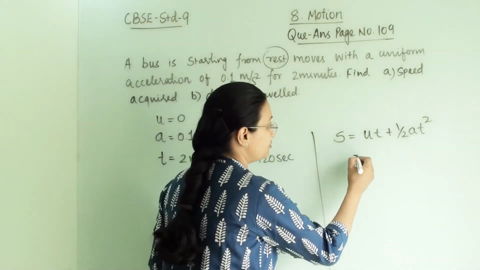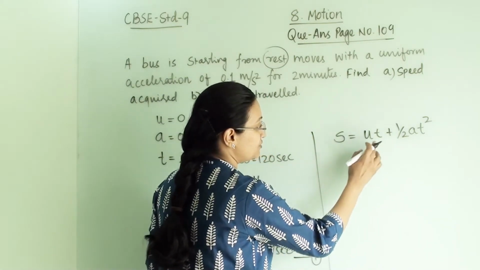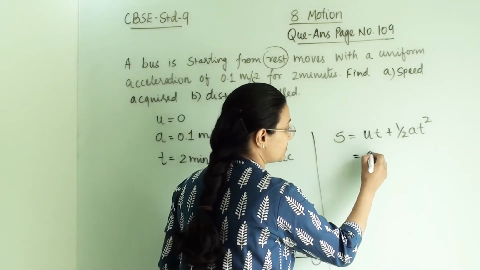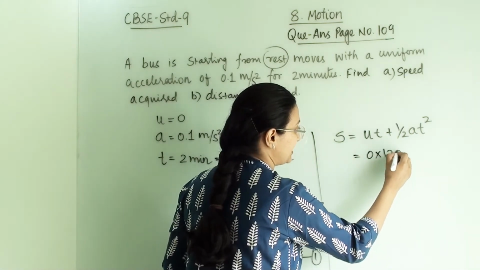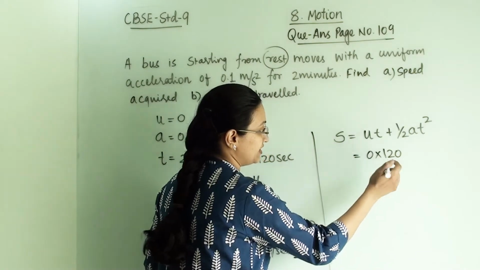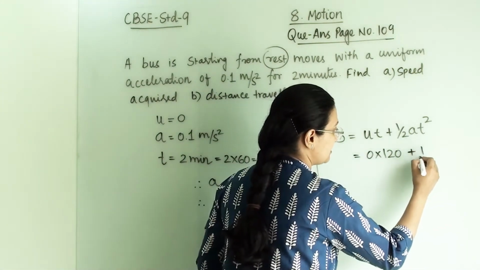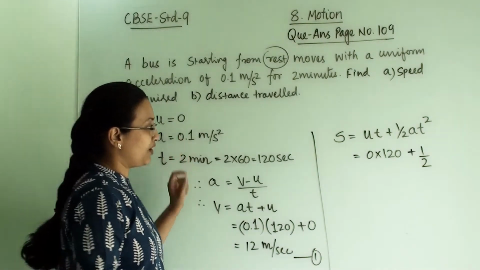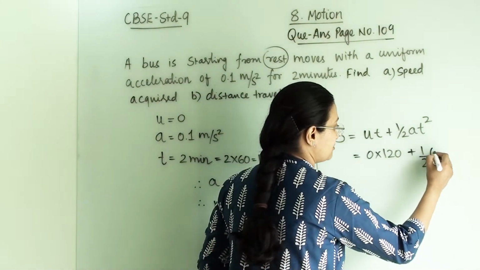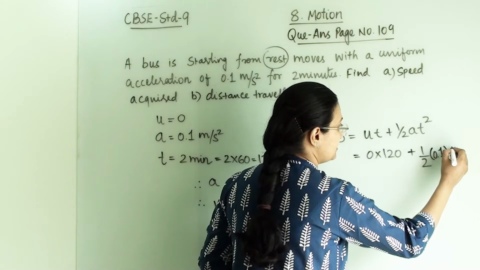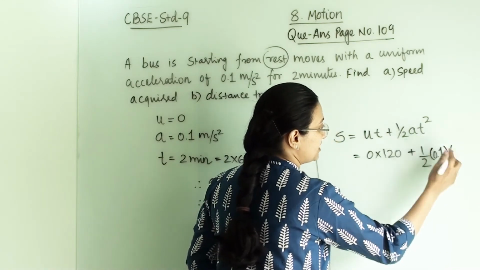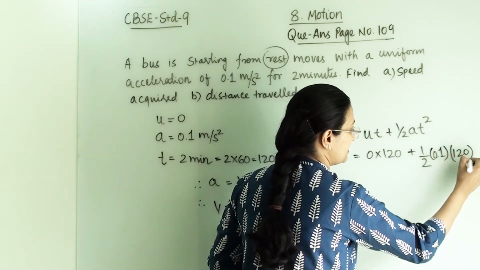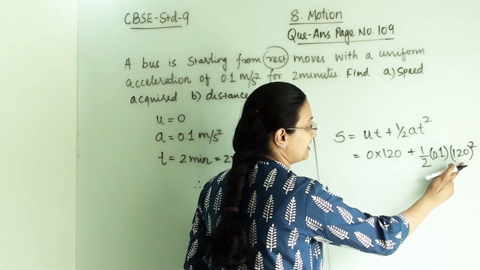Now let us put all the information into this. u is 0, so 0 into 120, t is 120. After that plus half acceleration. Acceleration is 0.1, so I write 0.1 and again in multiplication 120 square.